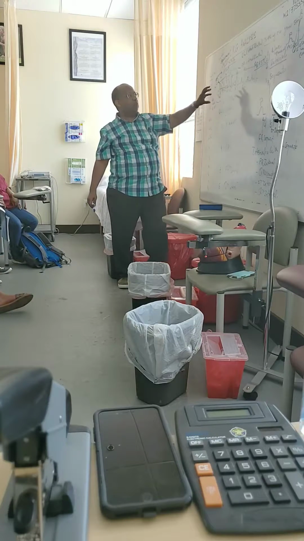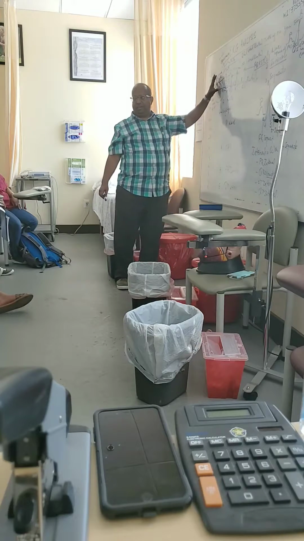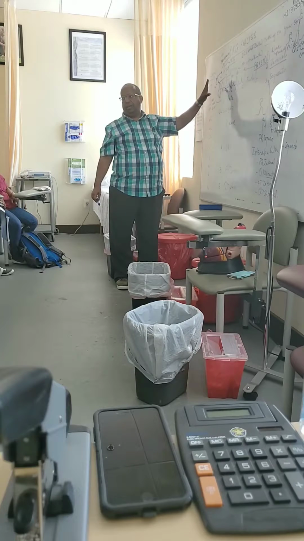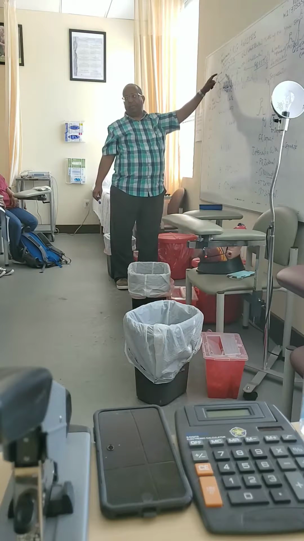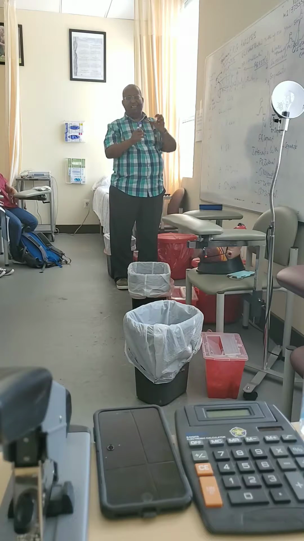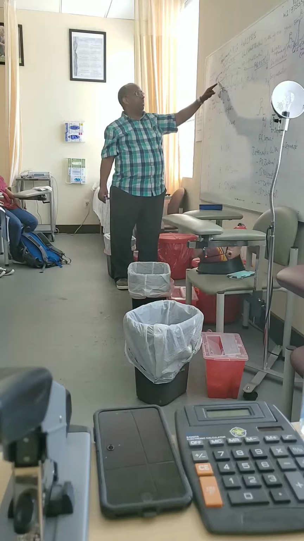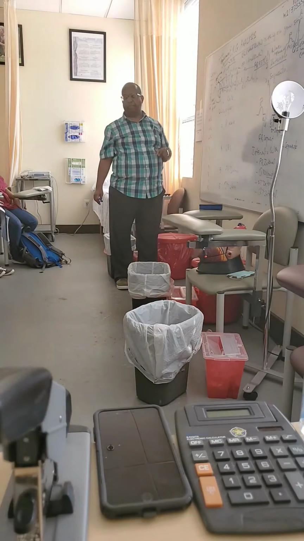So basically, what we see on the EKG is about these electrical events. From the SA node it goes to the right and left atria. First the atria contract, then it passes to the AV node, then bundle of His, right and left bundle branch, Purkinje fibers.